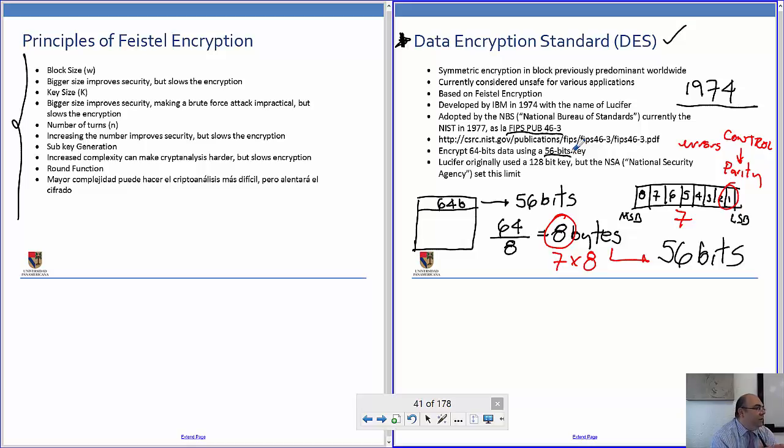A lot weaker. Why do they do that? They will not tell us, but you can guess, and any guess you can give could be right. My guess is they want a weaker cipher so they can decipher this cipher.